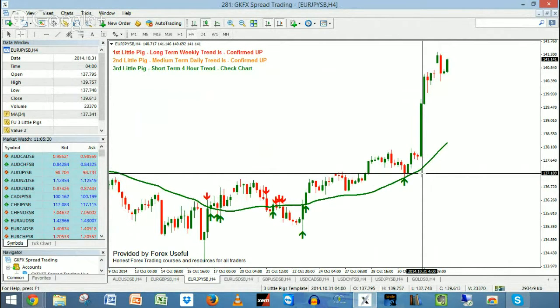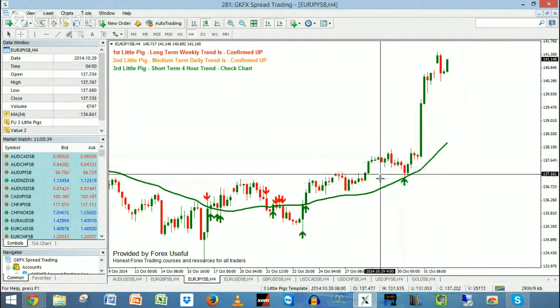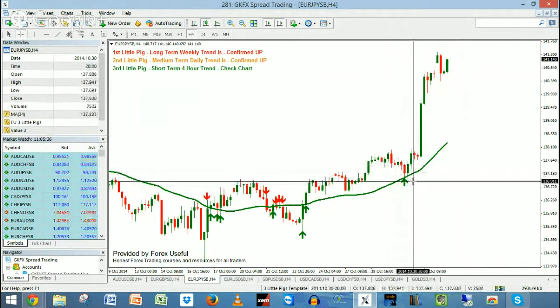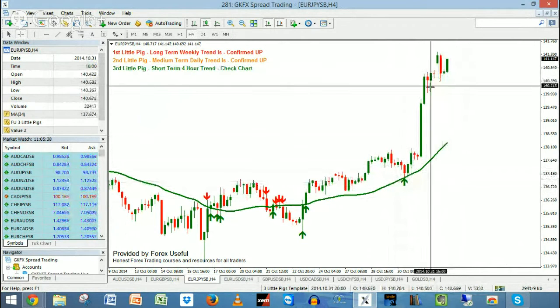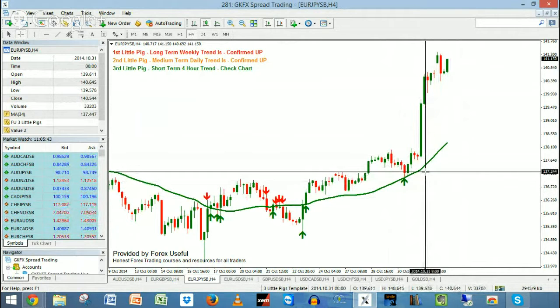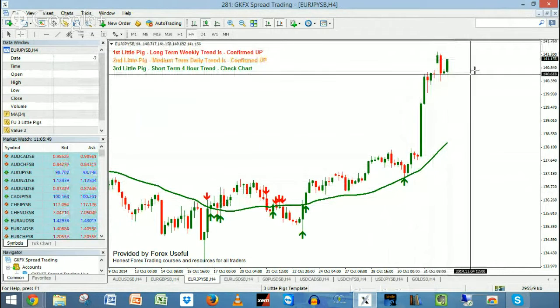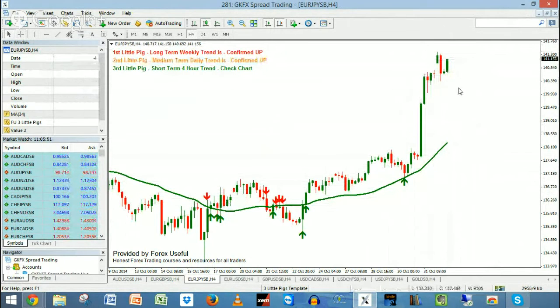So I'll hopefully wait for a retracement, and this would be the perfect opportunity for me to get back in on this Euro JPY. But for now, with such a big stop of 300 pips and more, even if it does go up and hit 145 here or something without retracing, I'm still only going to make about 2% on a 1% risk. So I passed on this Euro JPY trade.